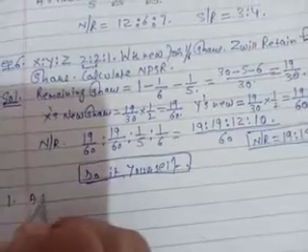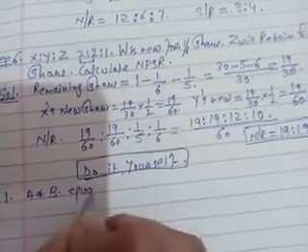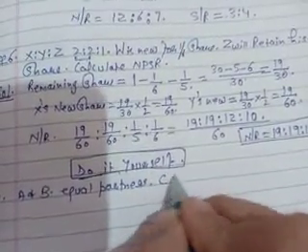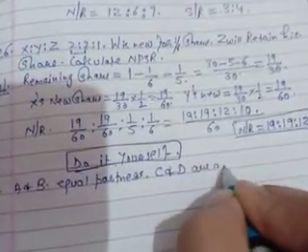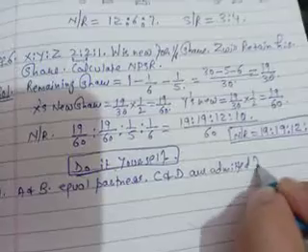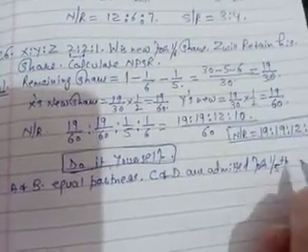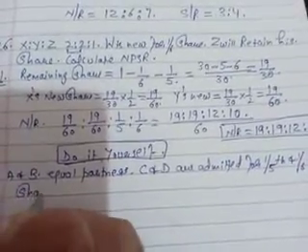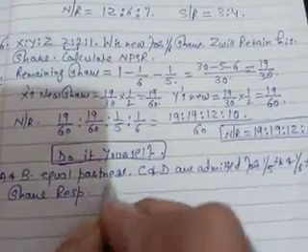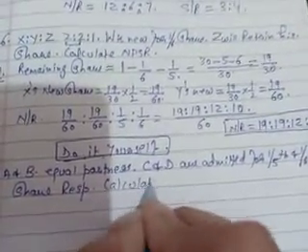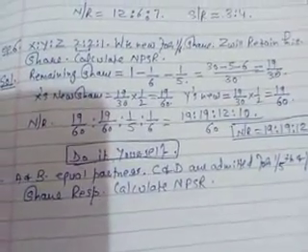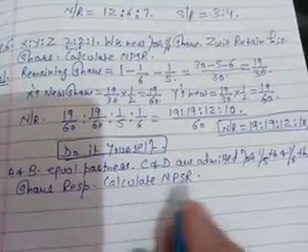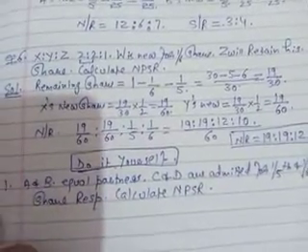A and B are equal partners. C and D are admitted for 1/5 and 1/6 share respectively. Calculate NPSR. Second question.